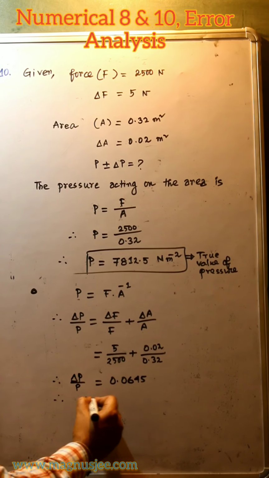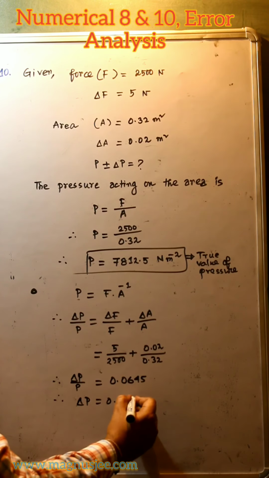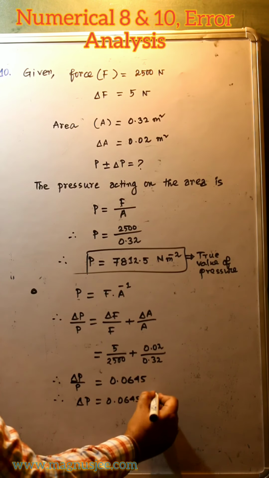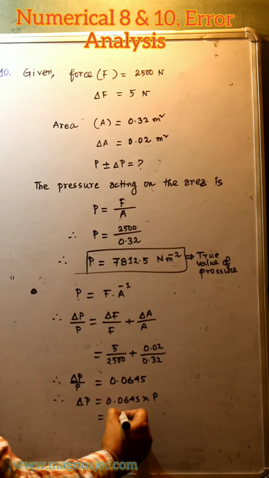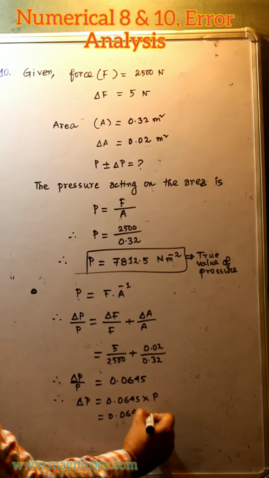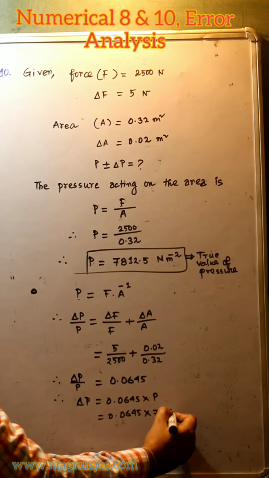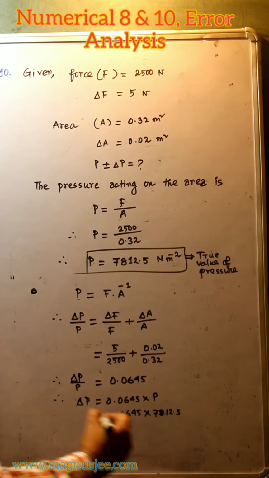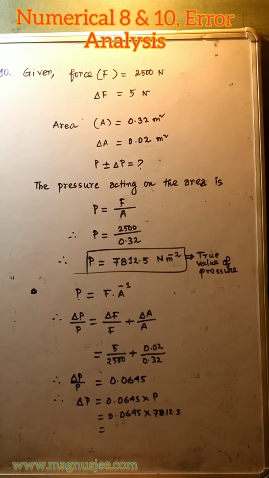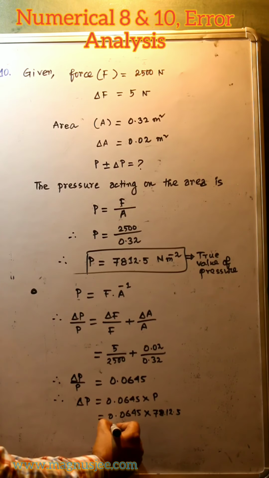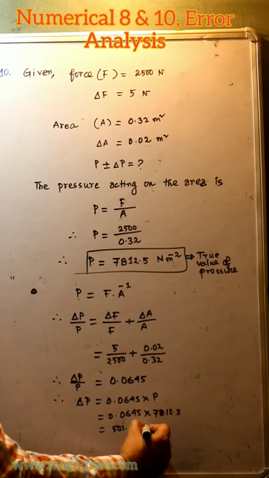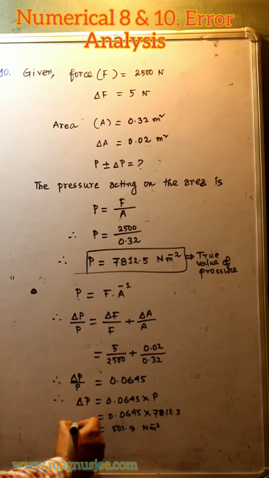Hence, delta P is equal to 0.0645 into pressure. Pressure is given 7812.5. So that will be the absolute error in the measurement of pressure. And if we put the value, that will be 503.9 Newton per meter square.